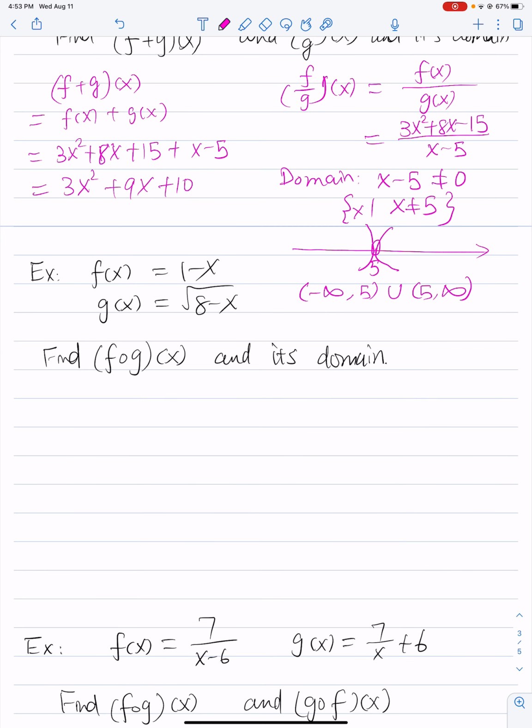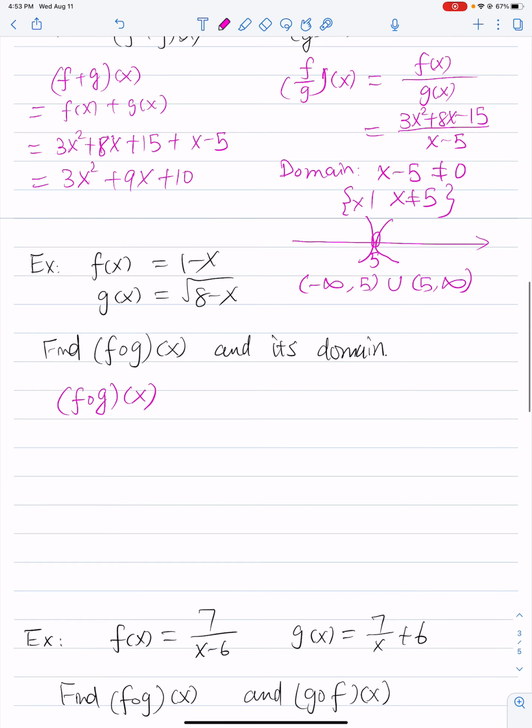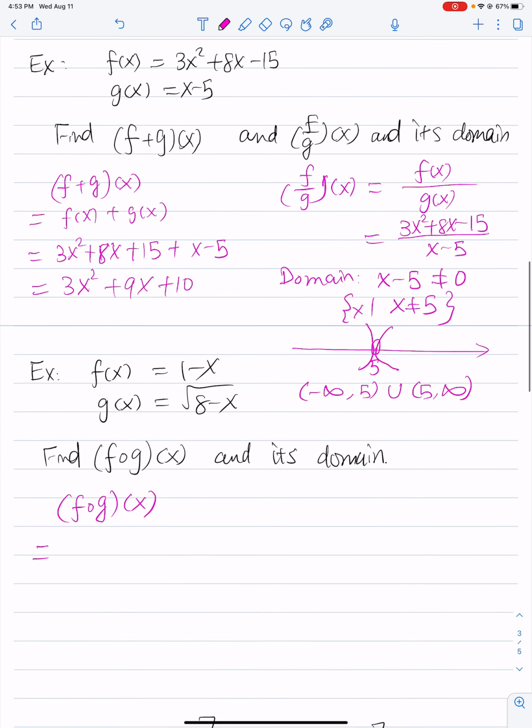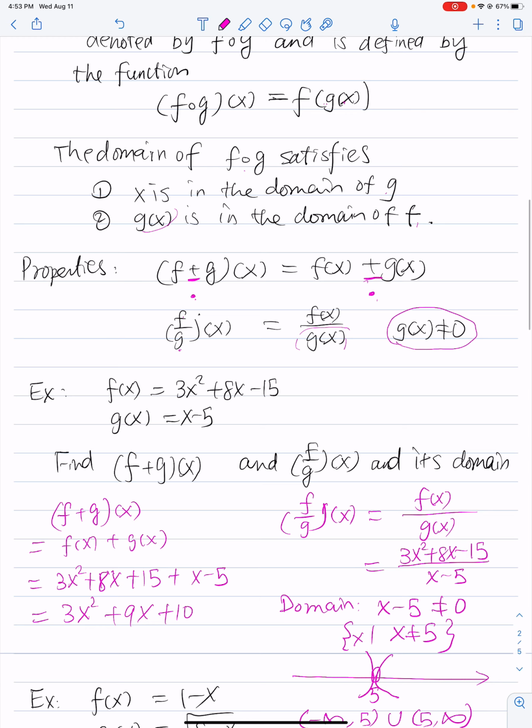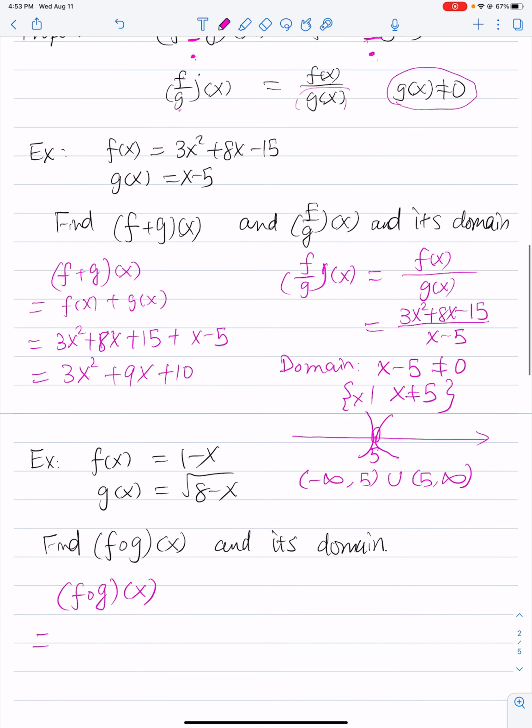The next one we wanted to practice: find the composition f circle g of x. So listen to here carefully. Okay, (f∘g)(x) is equal to, according to the definition, what does this equal to? It means f of g of x.